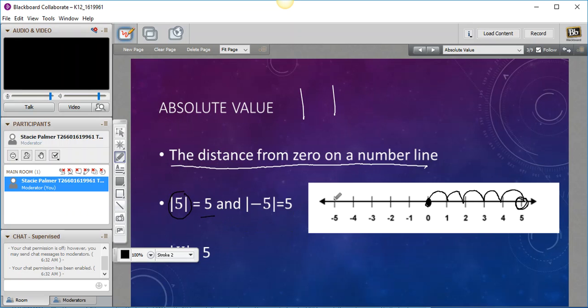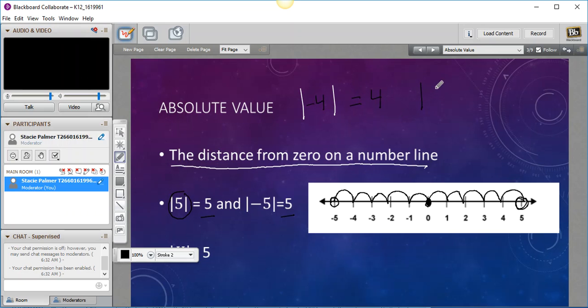Okay. The absolute value of -5 is also 5. Because it's a distance, the number of spaces is 5. Okay, so whatever's in the absolute value symbol is always positive when we figure out what the absolute value is. Like for example, if you have a -4, the absolute value of that would be +4.